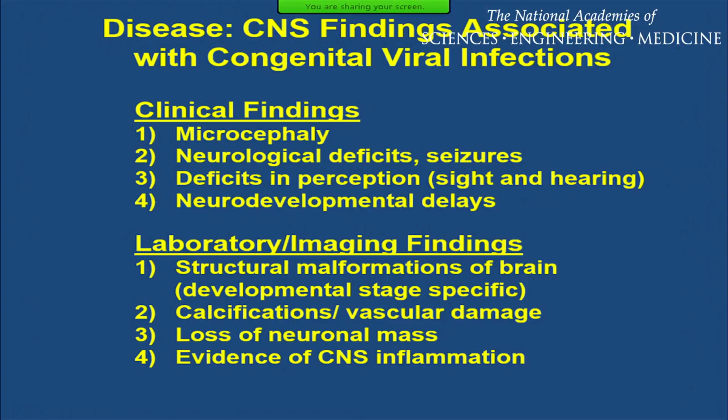For instance, congenital cytomegalovirus probably accounts for about 25% of all the hearing loss in children in the United States. There are neurodevelopmental delays, laboratory imaging findings, and structural malformations, which are basically specific to the developmental stage of the brain when the insult occurred: calcification, vascular damage, loss of neuronal mass, and evidence of CNS inflammation. But as you can see, these are all relatively nonspecific responses to injury to the brain, and again dependent on the developmental stage of the brain.